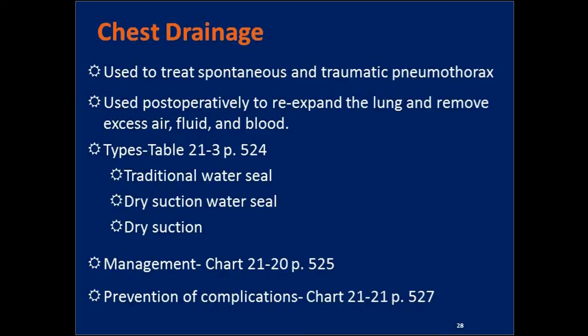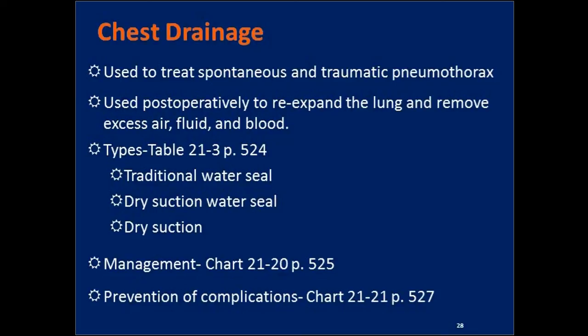Now, all 3 of these types have some things in common. Okay? They all have a suction source, they all have a collection chamber, and they all have some type of mechanism that prevents air from going back into the chest. And that mechanism is called a seal chamber.